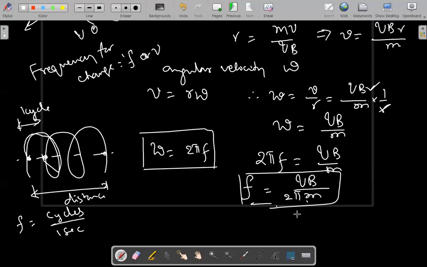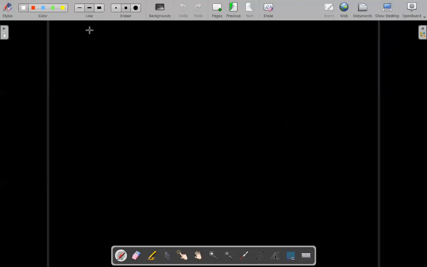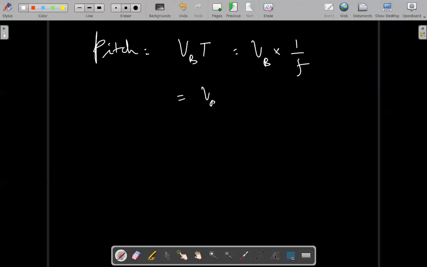If it is moving with v_parallel, the pitch, which is also a one mark question, equals v_parallel into T. And T is nothing but 1 by f.